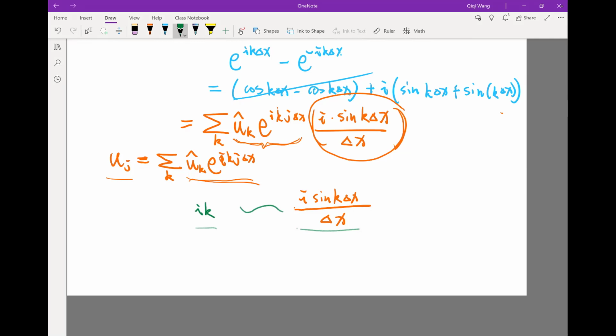But as we can see, as delta x goes to 0, my sine of k delta x divided by delta x goes to what? Anybody knows how does this go?